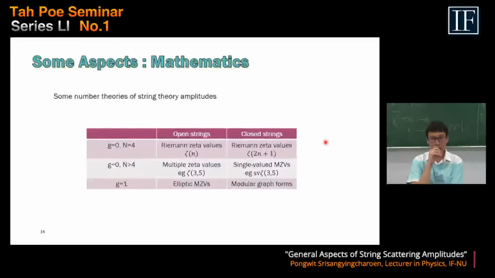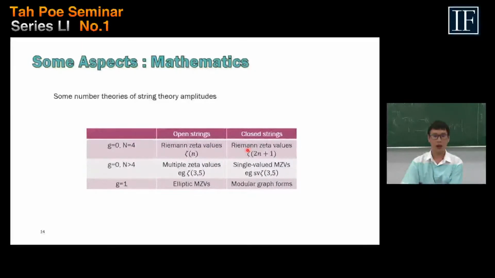And just for general knowledge, there is some number theory involved in the string scattering amplitude. As I said earlier, for genus 0, or at tree level, and n equal to 4, the coefficients of that expansion involve the Riemann zeta value, and the closed string is of course the Riemann zeta value, but with only the odd values.